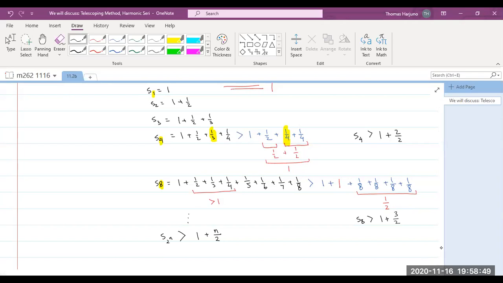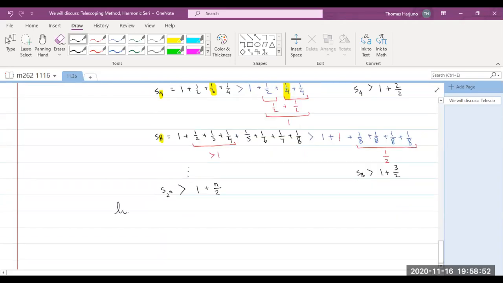Now when we take the limit as n goes to infinity of S_(2^n), it will be greater than the limit as n goes to infinity of 1 plus n over 2, right? But the one on the left-hand side is actually the infinite sum of 1 over n. Is that right?